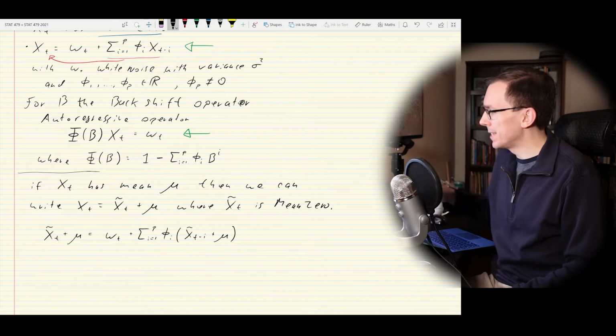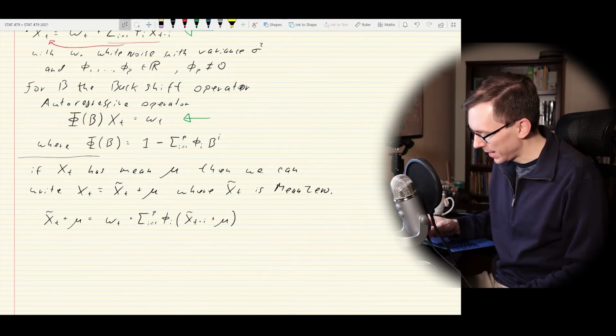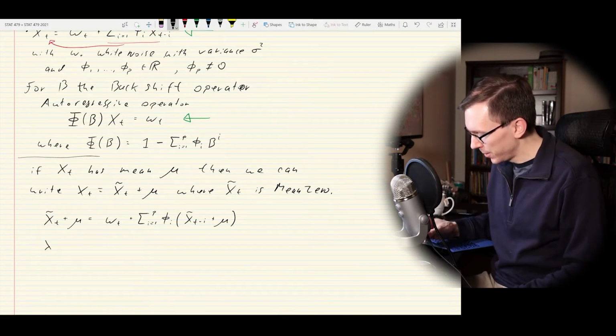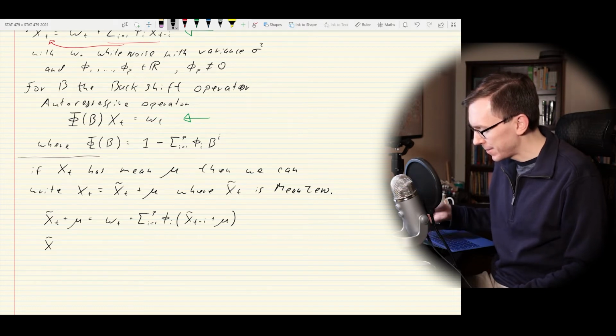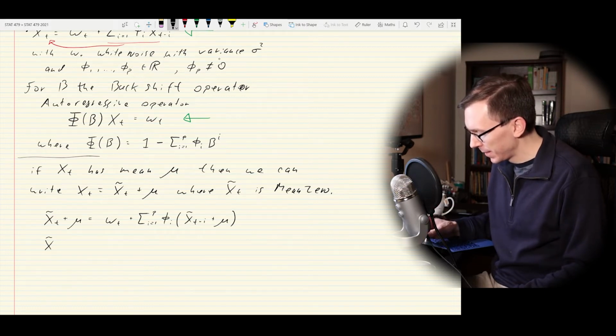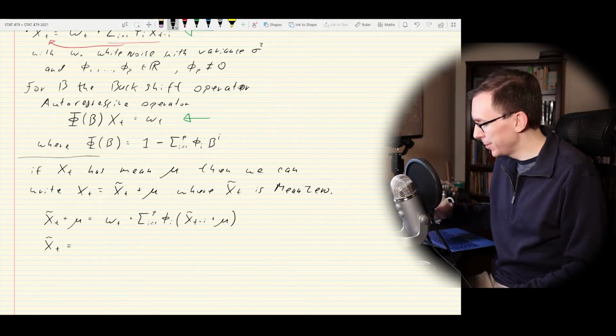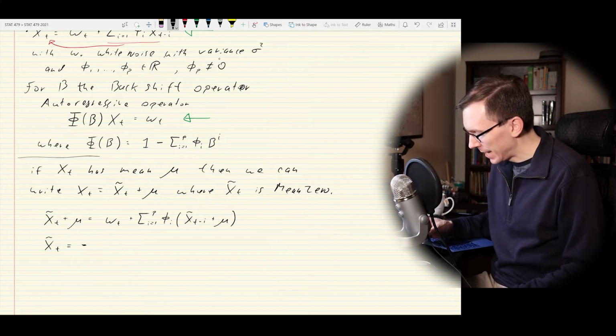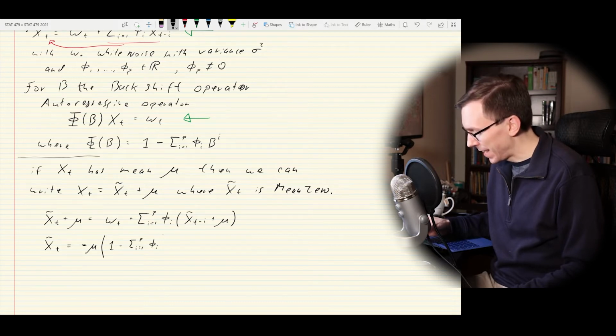Why? Well, what happens is that we can reduce this down. Basically I subtract mu from both sides, and I collect all the mu terms together, and I get something that looks like this, which is 1 minus the sum, i from 1 to p of phi i.